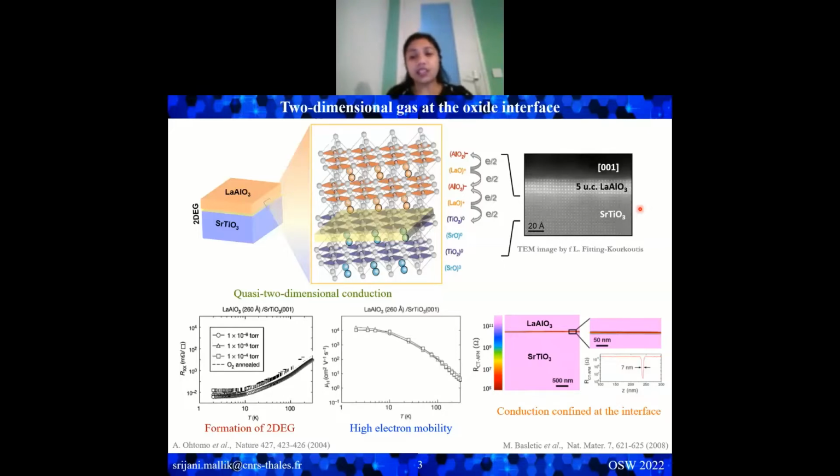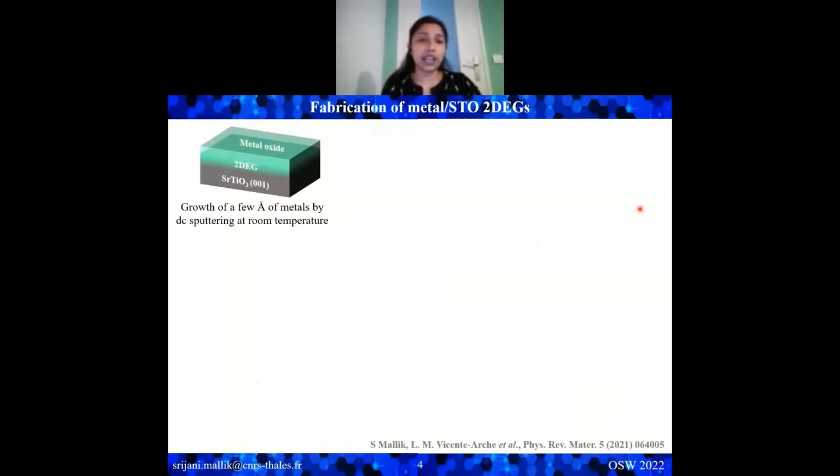Then about 5 years back, there was a report by Rödel et al. telling that it's also possible to achieve a similar two-dimensional electron gas by depositing just a few angstrom of aluminium on top of strontium titanate by molecular beam epitaxy. Using this idea, we grew a few angstrom of different metals using DC sputtering at room temperature on top of strontium titanate.